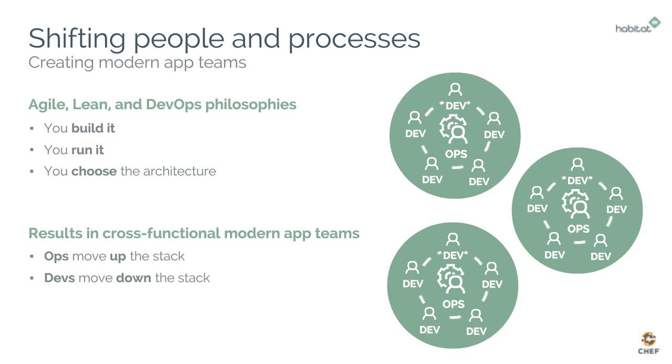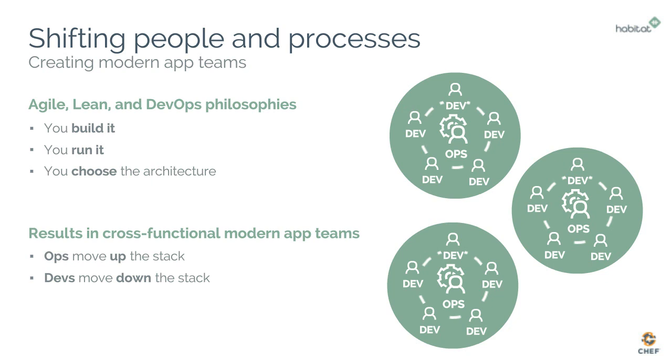There's less of a handoff between teams. They're at least collaborating very tightly with their operations team, and they most likely are doing some ops themselves. As a result, these teams are highly empowered to choose the architecture and tooling that they need to use in order to get the jobs done that they're tasked with.